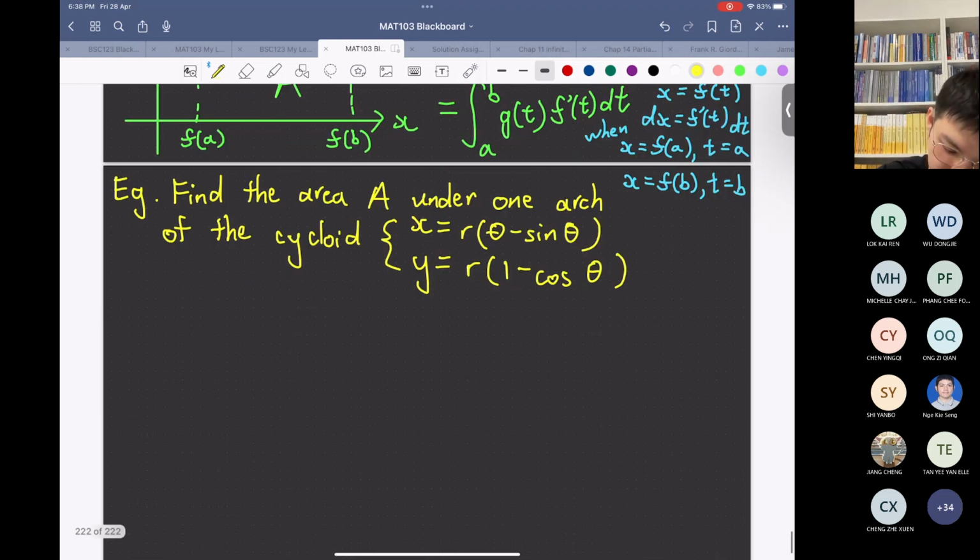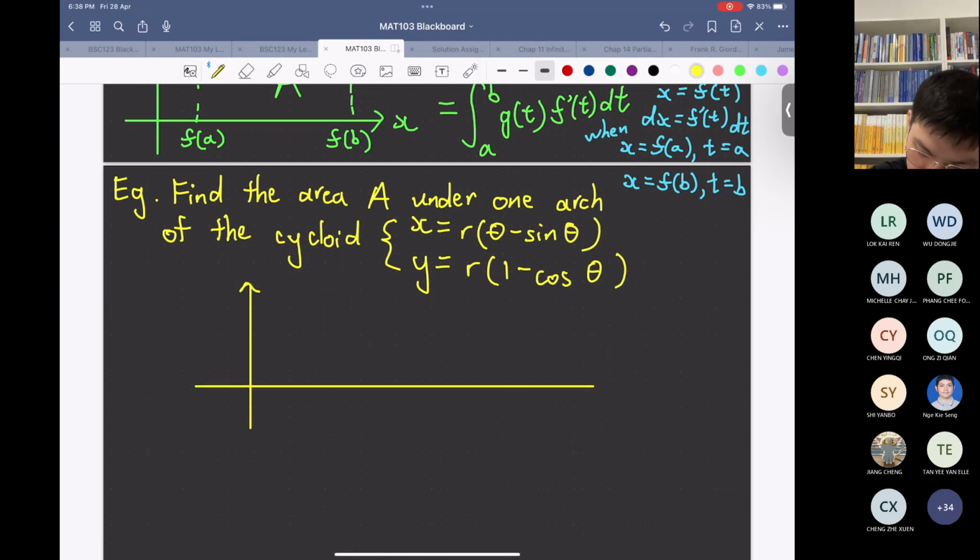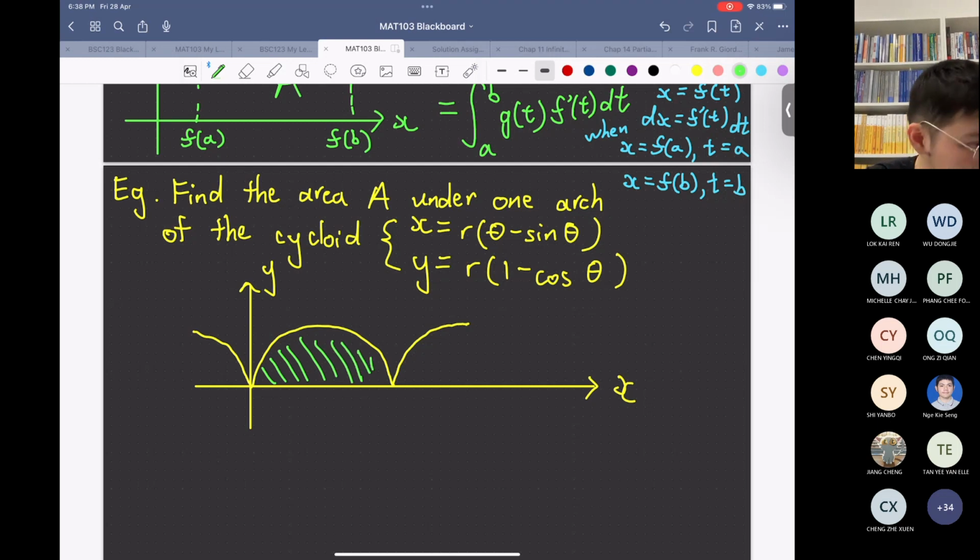What does this mean? Let's draw this curve first. Whenever we talk about a curve, make sure we can draw it. So this is y and x, and a cycloid will look like this. The question asks you to find the area under one arc, going from 0 to 2 pi r.